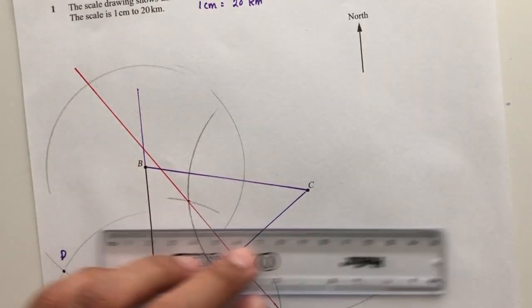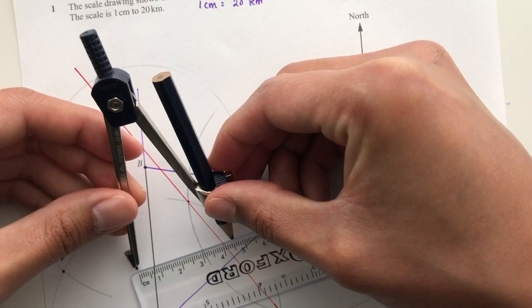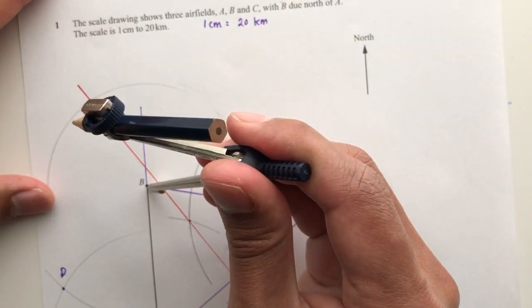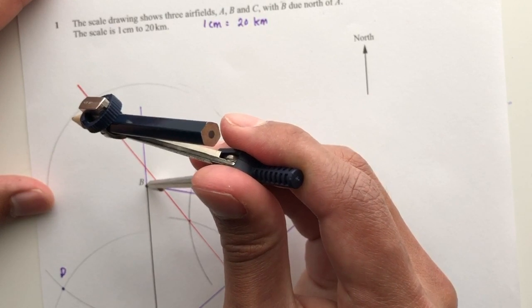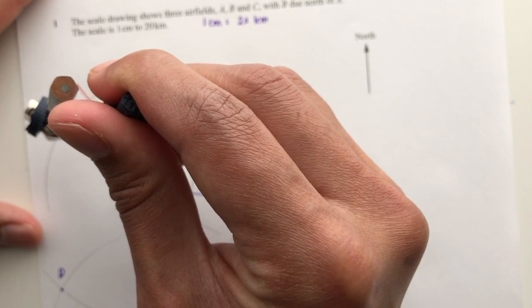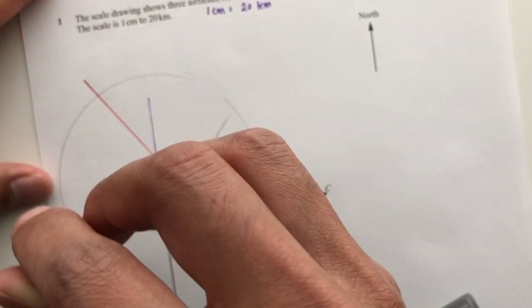So remeasure 4.5. Okay, then go to... almost done. Okay, here we go.